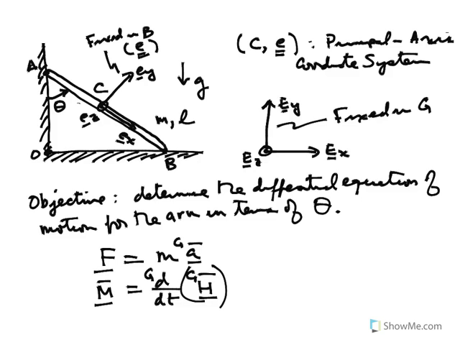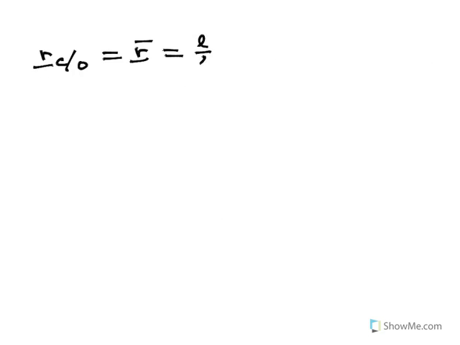So the first thing to notice is that the position of the center of mass, which is measured relative to point O, is equal to, well, let's look at it. You can see that the horizontal distance is L over 2 times the sine of theta. So it's L over 2 times the sine of theta times EX, and then plus L over 2 cosine of theta times EY.